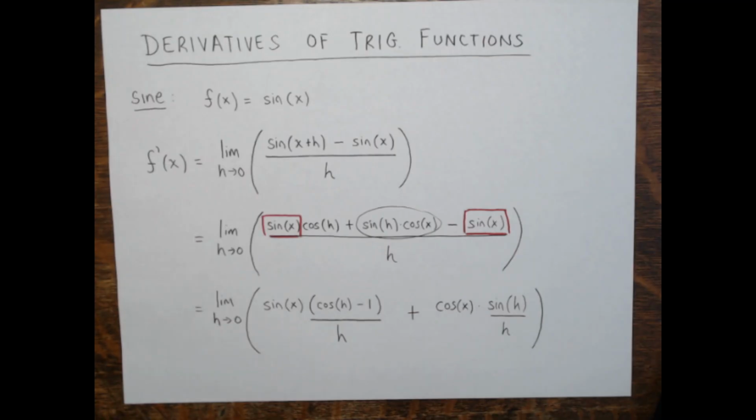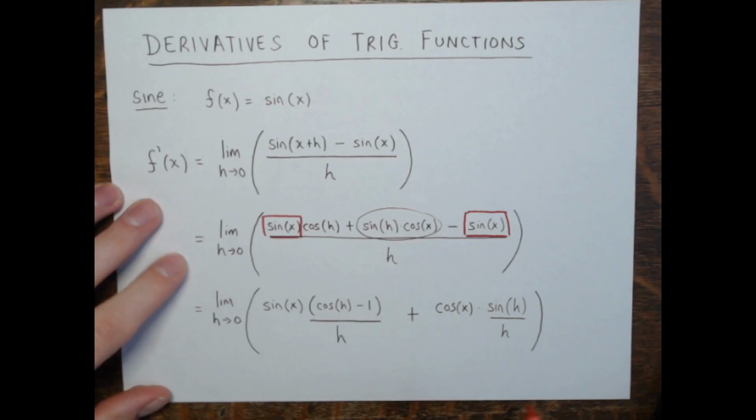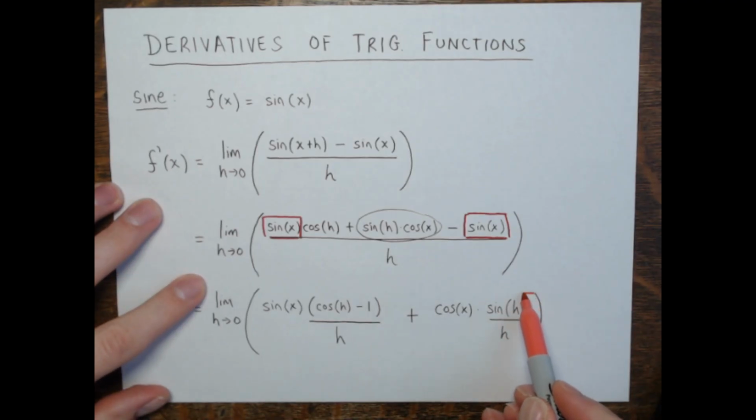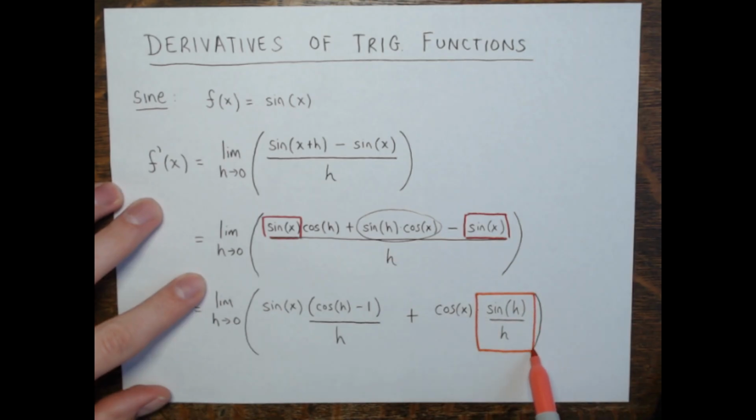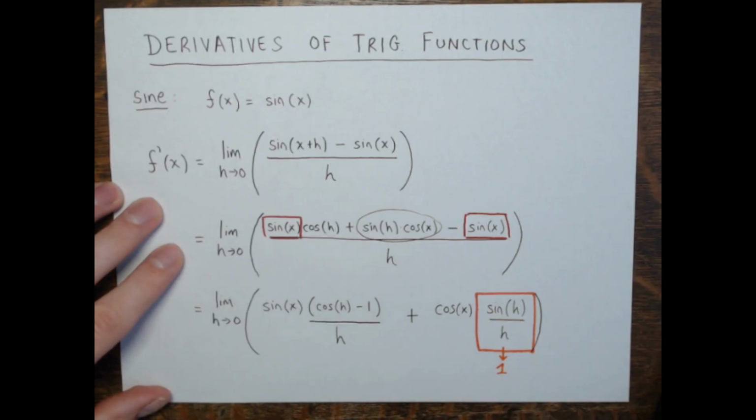And then something that came up in a previous video on limits, some special limits. You may recognize these. Remember this one here, I'm boxing this in: sine of h divided by h as h approaches 0. Remember that expression approaches the value of 1.